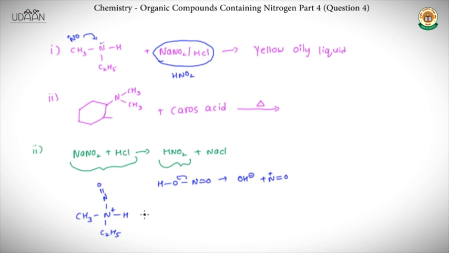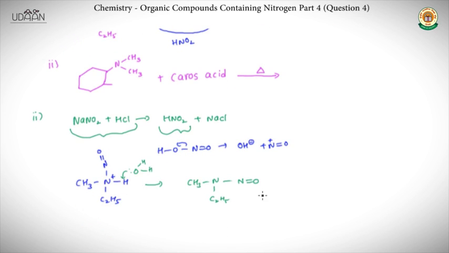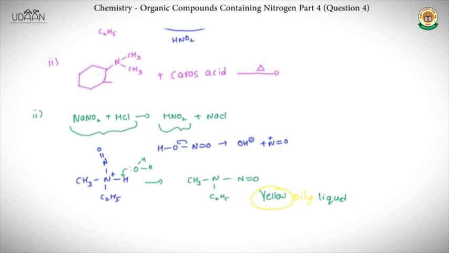Now you have got water. It takes up this hydrogen and you are going to get CH3 and C2H5 and double bond O. Now this is what your yellow oily liquid is. This is yellow in color. It is yellow oily liquid. Now this is a reaction of a secondary amine with HNO2.